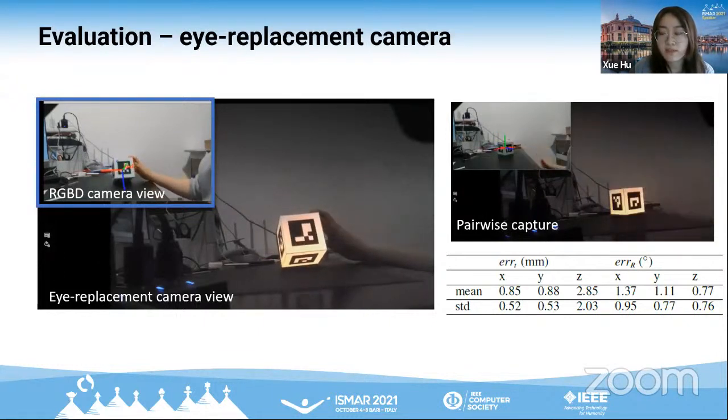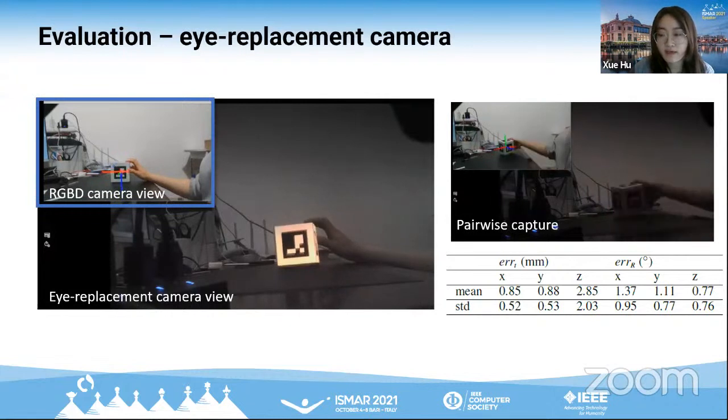We did the pairwise capture with the AR display on and off. The Aruco cube poses were detected individually from each frame. The difference between the two poses was recorded as the calibration error shown in the table. With a single alignment, our method can achieve 1.37 millimeter 2D positional error and 1.76 degree rotational error.